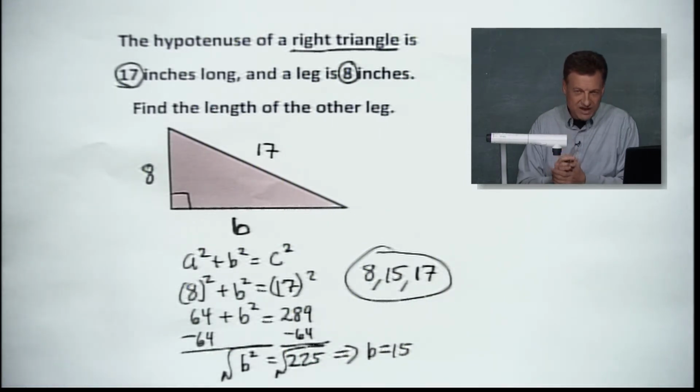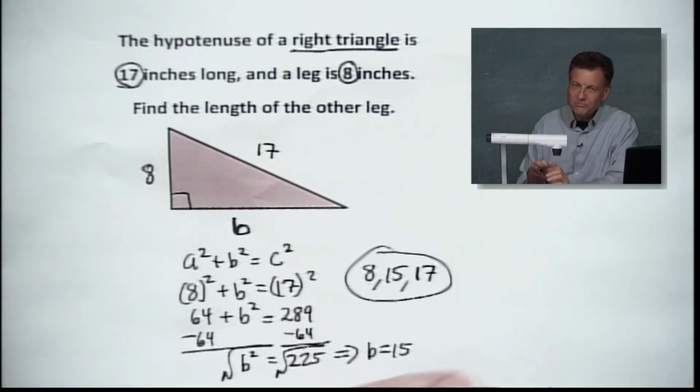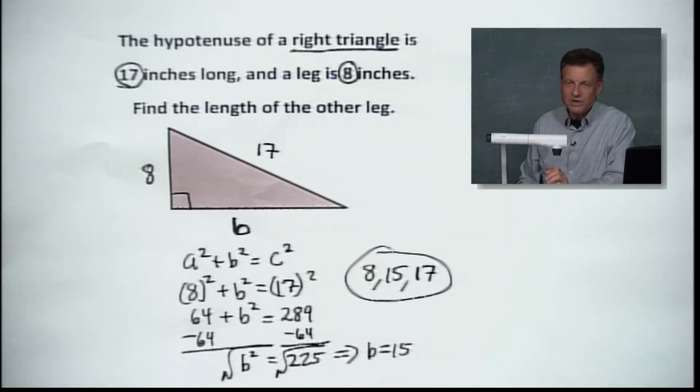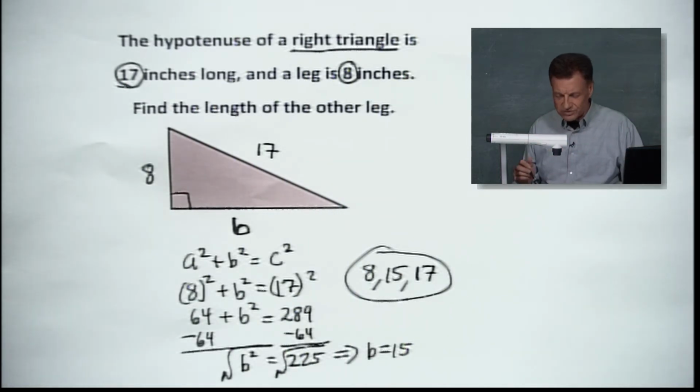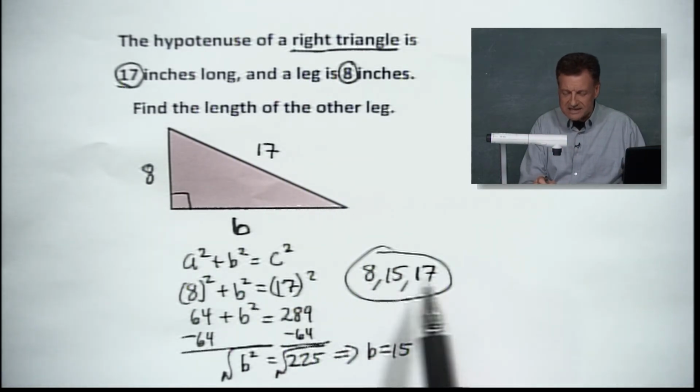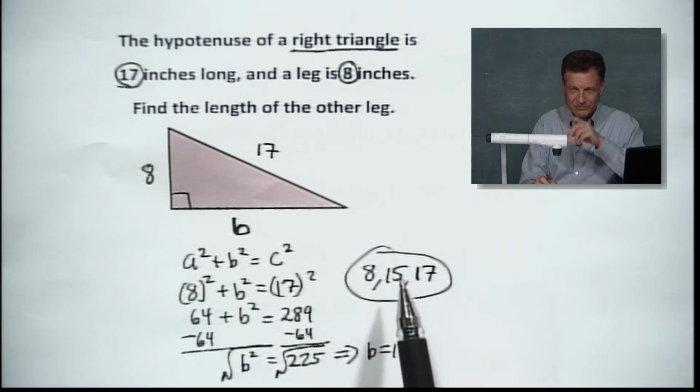There are a lot of other families. There are a lot of other triples. Those are great things to know. Now, we've got some videos of ours way back when that we did some things with Pythagorean triples, but they really make life easier. Saves you time of punching and then having to do square roots. So anytime you see an 8 and a 17, 15 can't be far behind if you're dealing with a right triangle.